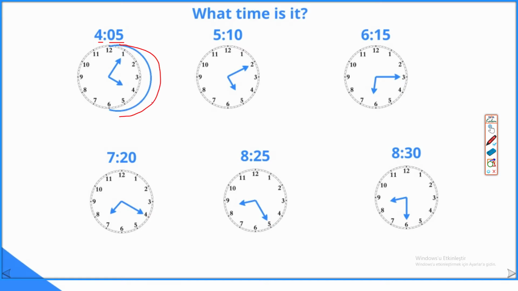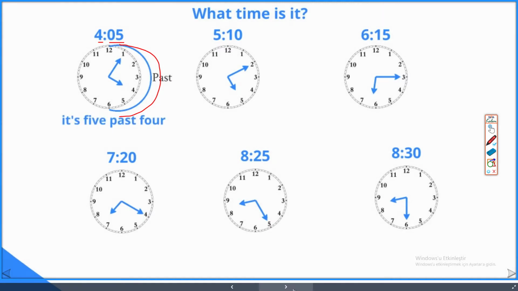That's why it should be used with past, as I said before. It is 5 past 4. Yes, very well. 5 past, but which hour? 4. It is 5 past 4.